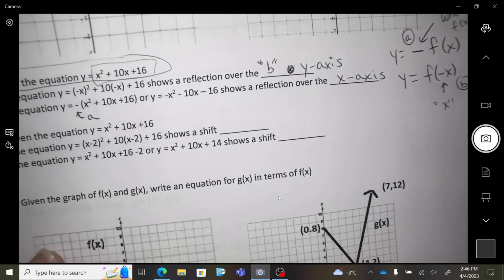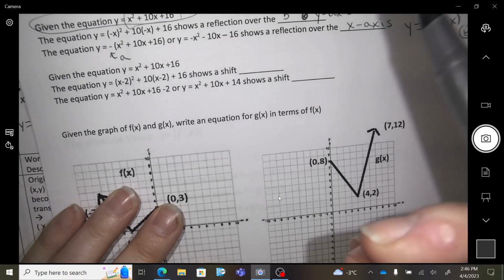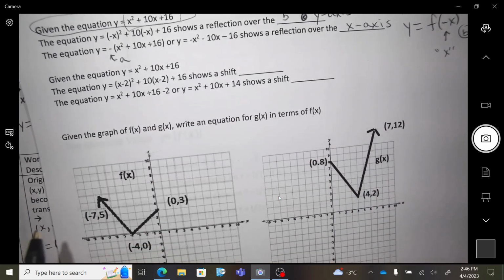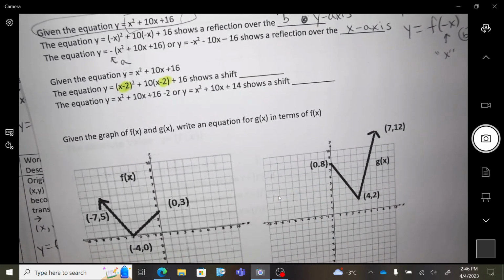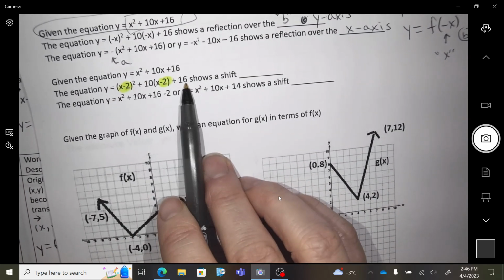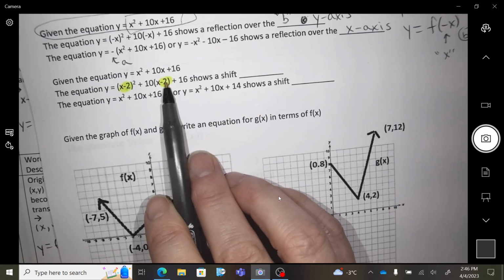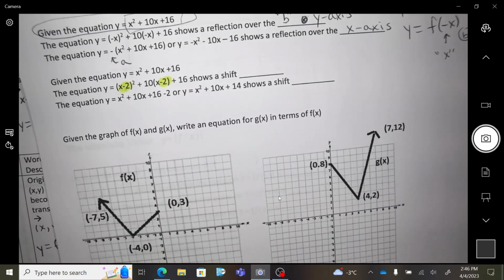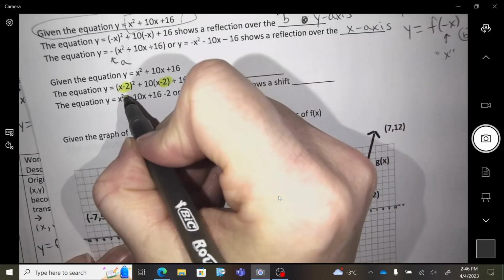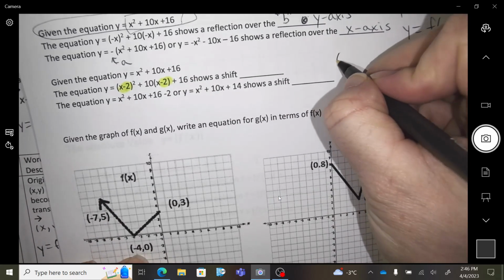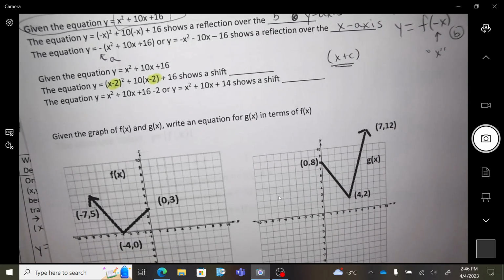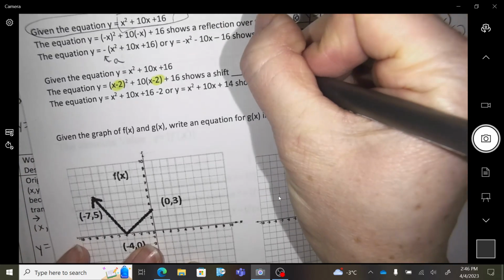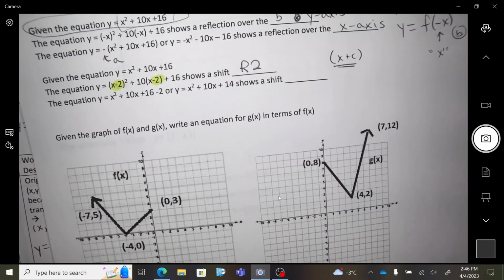Okay, the last one, ready? So here, do you see that I replaced each x, right? So therefore it is a C. I replaced each x, so this one will shift right 2.